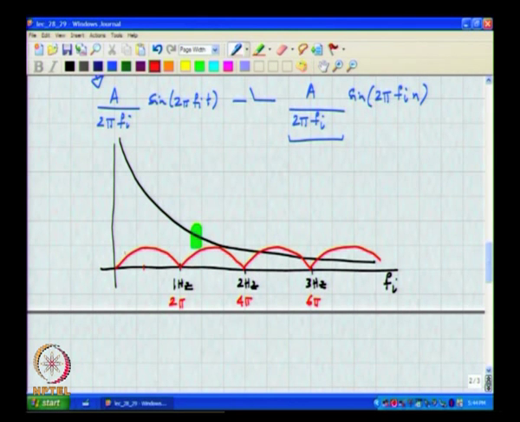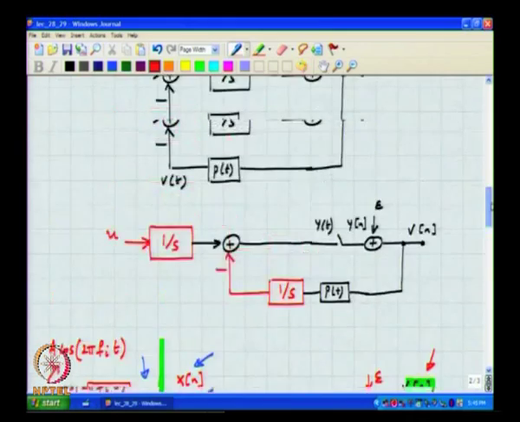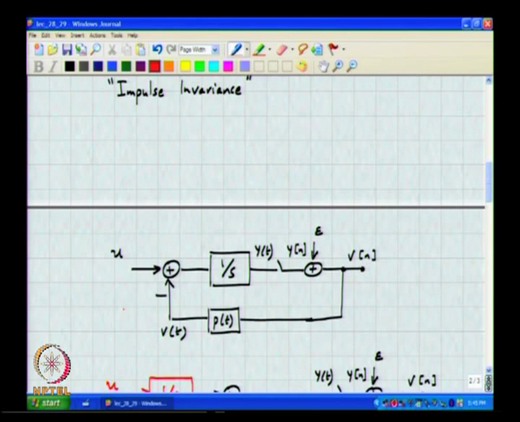So, an input tone at DC, let us understand what happens. We know the answer. If the input is DC, what should the output be? In this modulator, if the input is DC, what would one expect V of n to be?